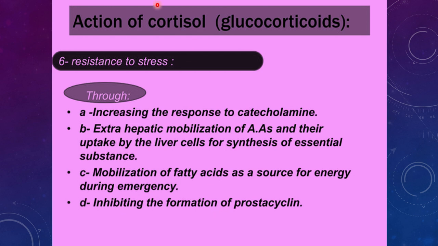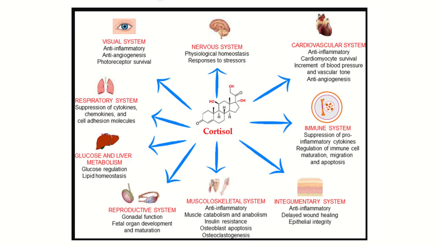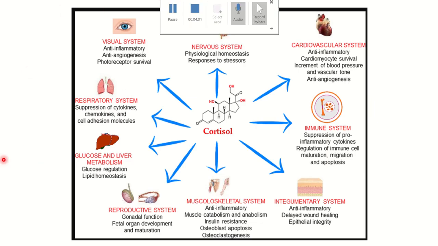That means cortisol makes available all the food end products, that means carbohydrate, protein, and fat, and their end products such as glucose, amino acids, and fatty acids, in the blood. Another action is the permissive action, that means glucagon to produce gluconeogenesis, catecholamine to produce different types of substances. So this glucocorticoid also has the permissive action.